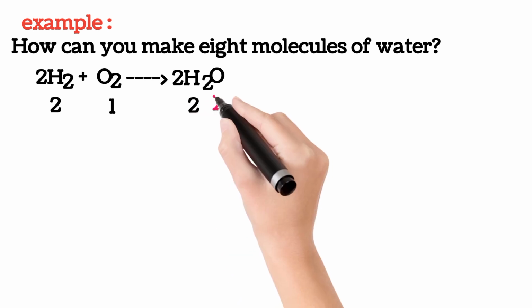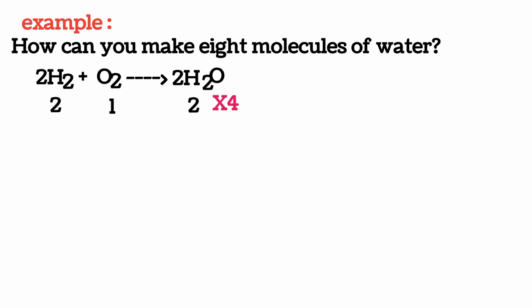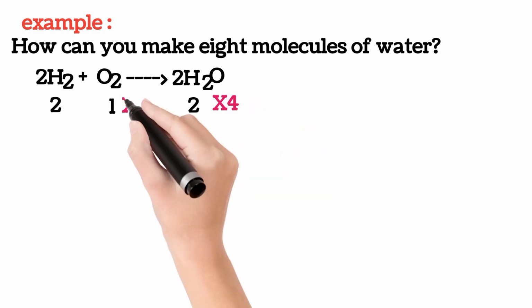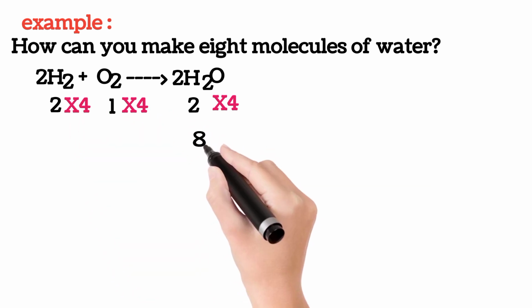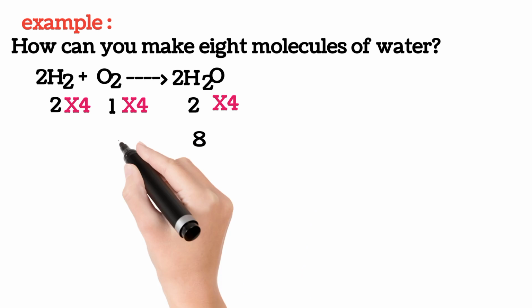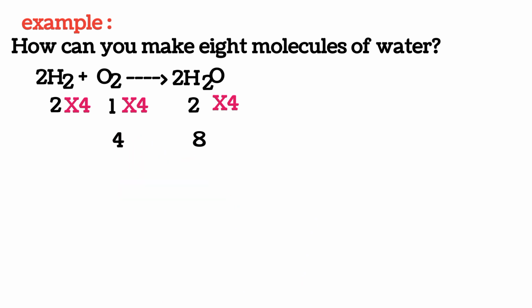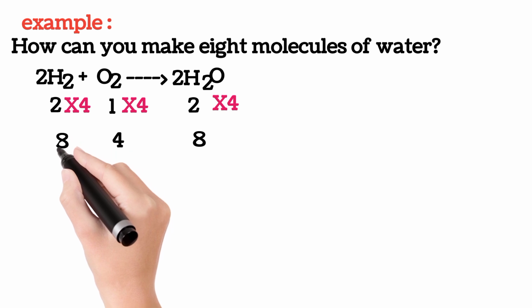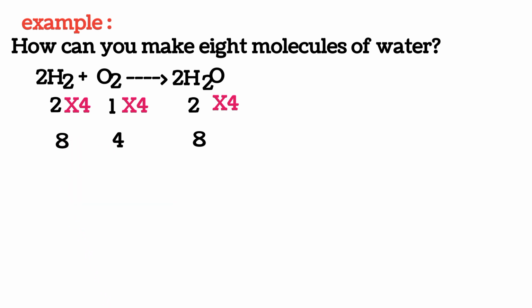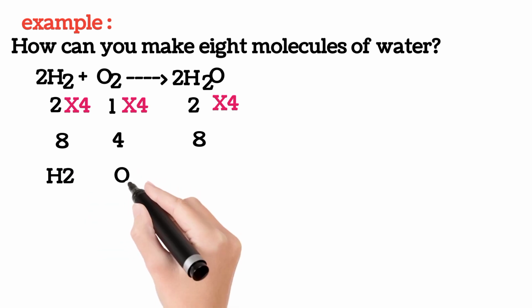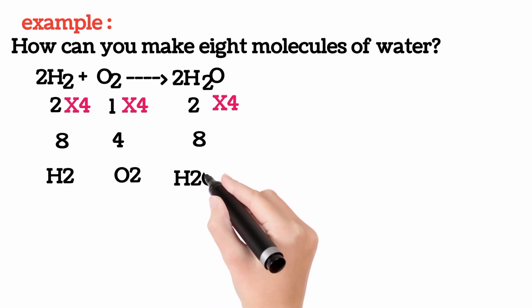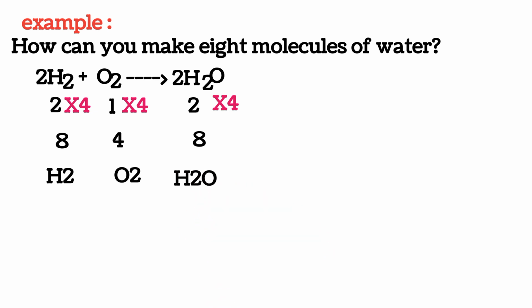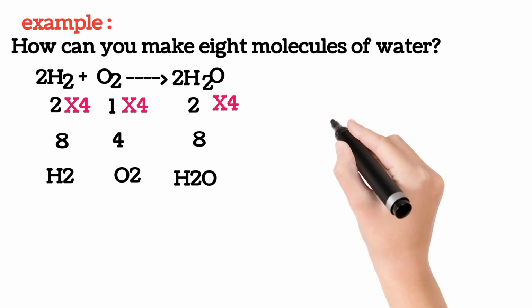So if you multiply these moles by 4, the number of moles of water by 4, that of oxygen by 4, and that of hydrogen by 4, we are going to get 8 molecules of water, 4, and 4 times 2 here will give you 8. So that implies that 8 molecules of hydrogen will react with 4 molecules of oxygen to form 8 molecules of water. So this is what is needed for you to form 8 molecules of water.